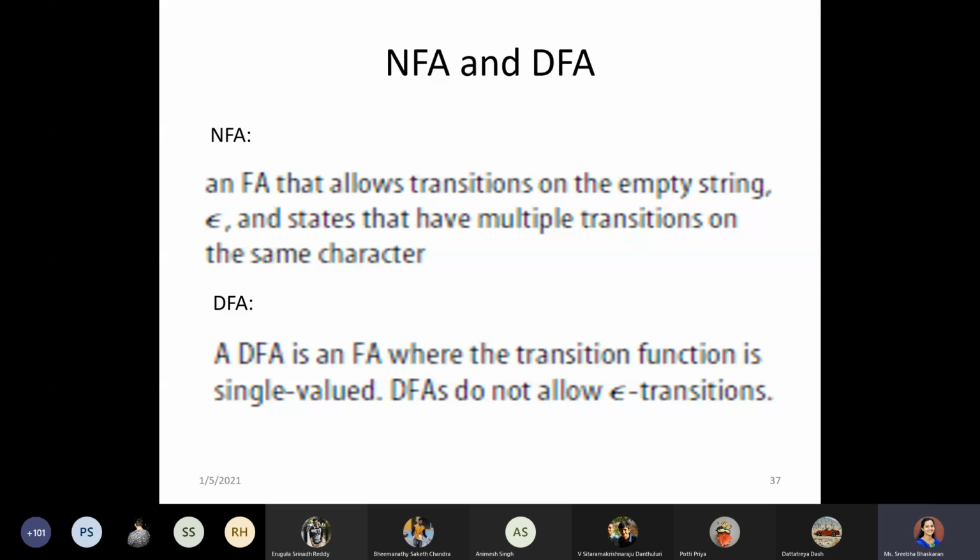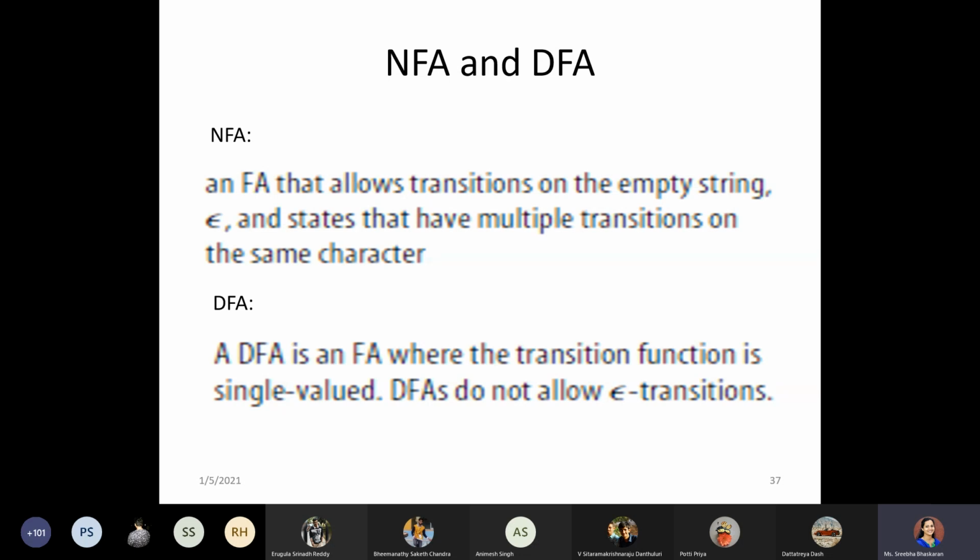Coming to the DFA, which is deterministic finite automata, we will never come across any epsilon transitions, that is, no empty strings. Whenever we take transitions, we will have unique transitions.